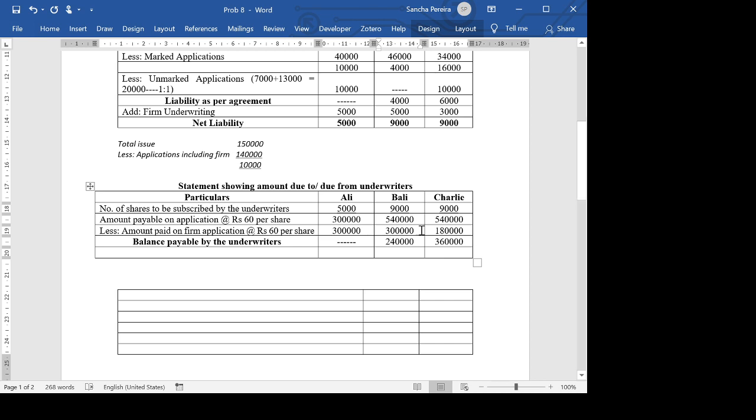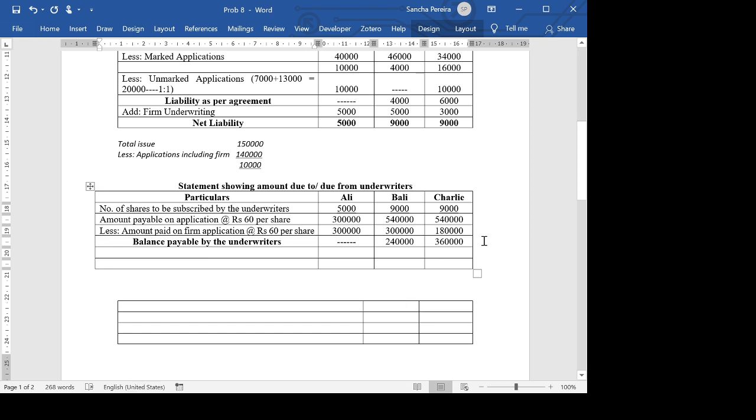Made a small mistake. It's 2 lakh 40,000. So if you multiply 60 rupees into 4,000, you'll get 2 lakh 40,000. 60 rupees into 6,000, you'll get 3 lakhs 60,000. So this is the balance that is payable by the underwriters.